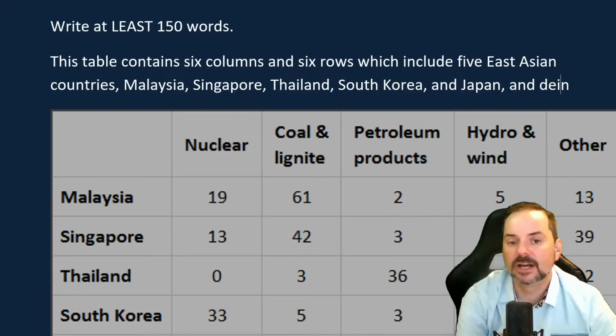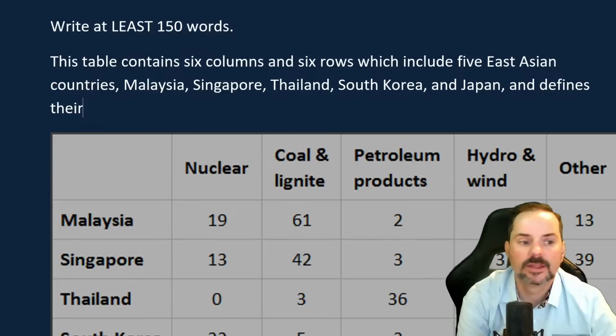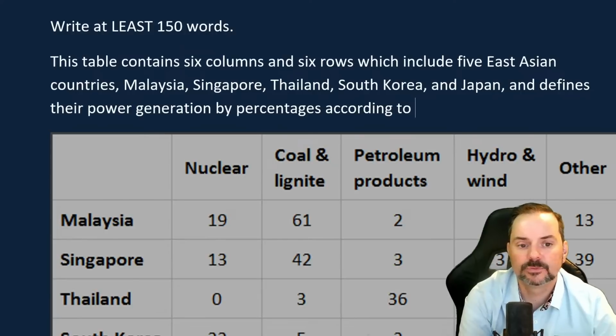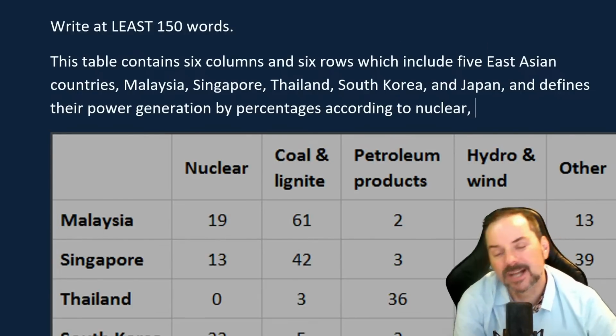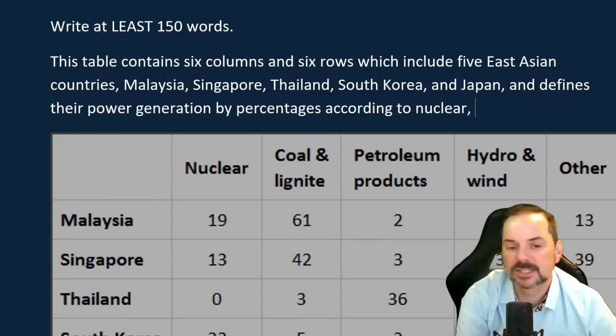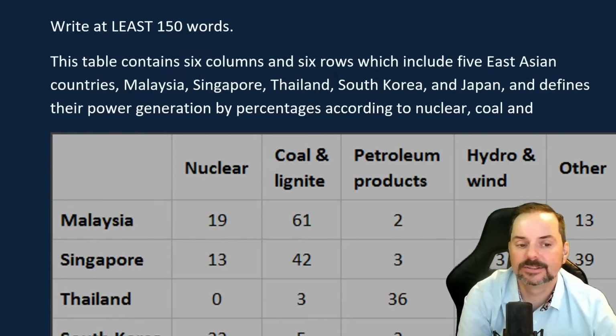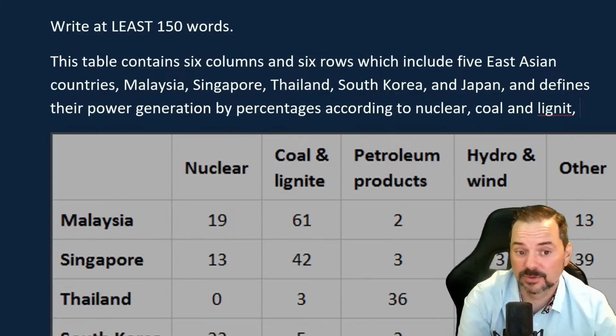and defines their power generation by percentages according to nuclear. Now, they are titles, so you can write them big, but not necessary. Coal and lignite, which I have no idea what it is, to be honest with you.